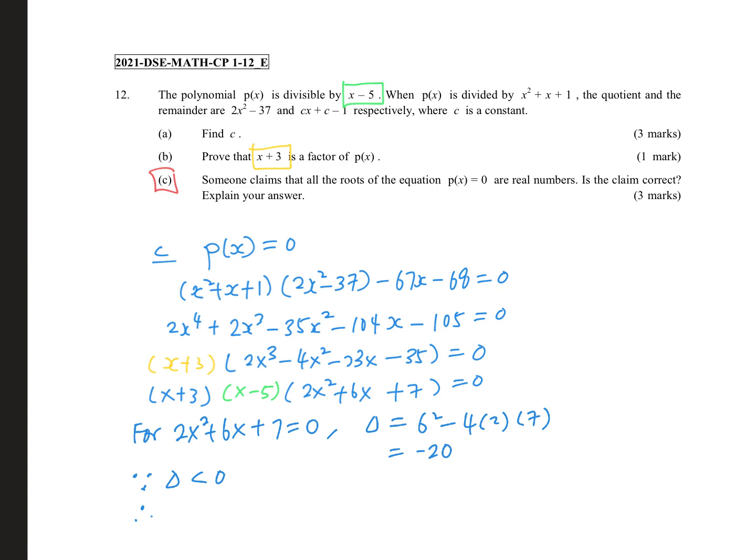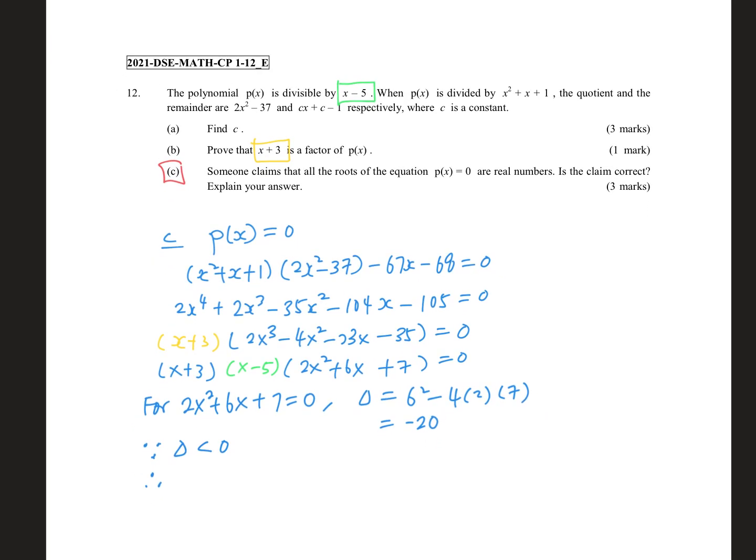So because delta is less than 0, the equation 2x squared plus 6x plus 7 equals 0 does not have real roots. So some of the roots are not real.